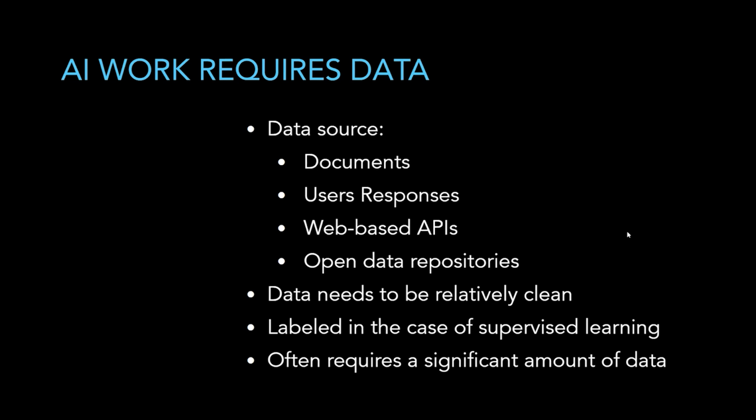So, for example, when we're thinking of that example of what is spam and what is not, the AI models need to see a significant amount of labeled data to understand, for example, what words might be indicative of spam. So you might have certain words or certain URLs that typically occur within spam emails. And the more of that you have, the easier it is for those AI algorithms to make that prediction.